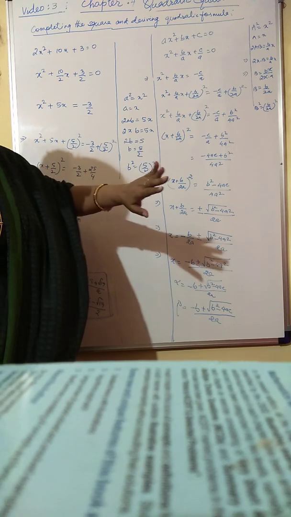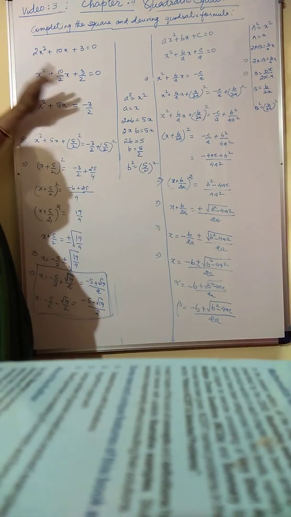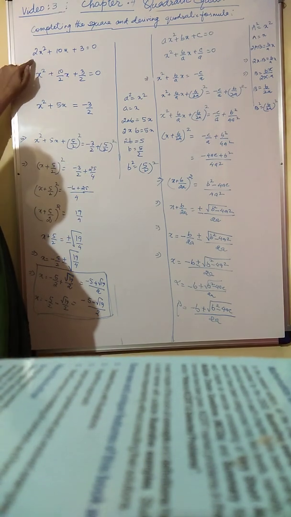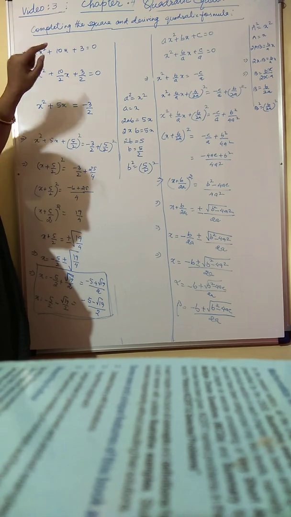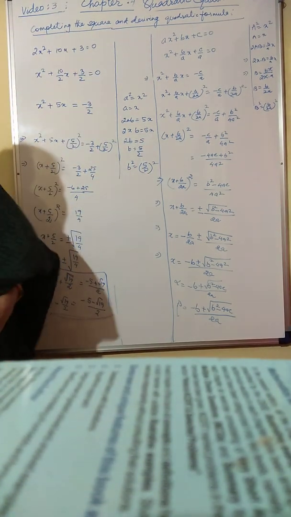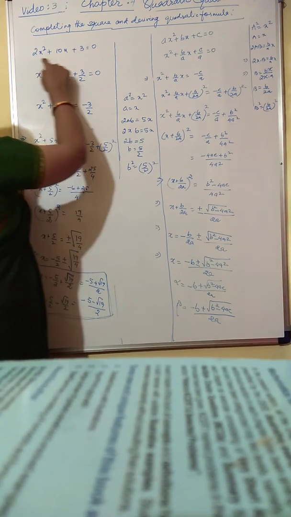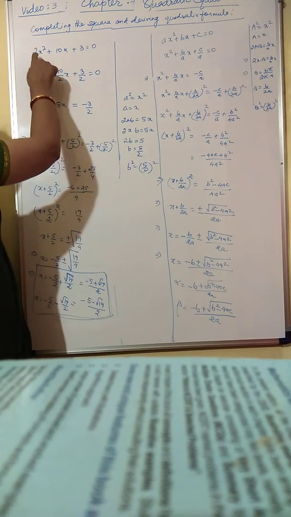For ease of simplification, the steps that we follow are these. First, reduce the coefficient of the highest power of the variable to 1. For doing it, what can we do? We divide the entire equation by the coefficient of x square, if this is not 1.